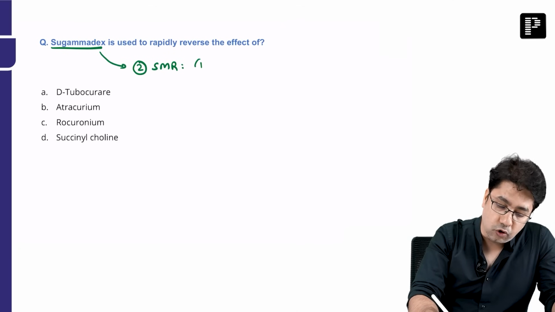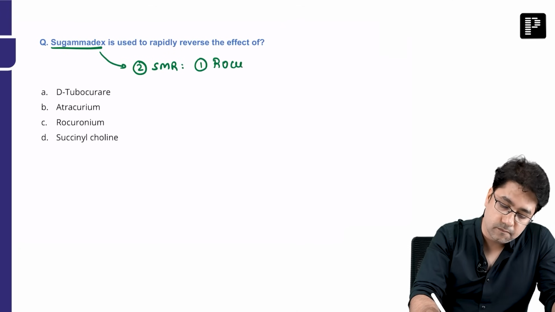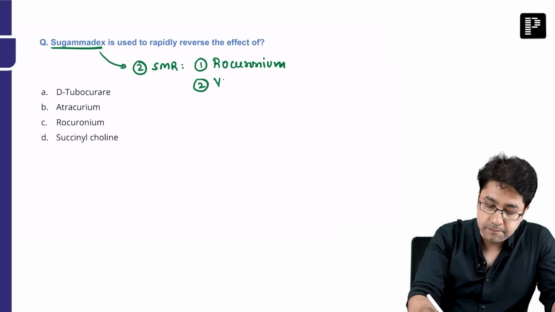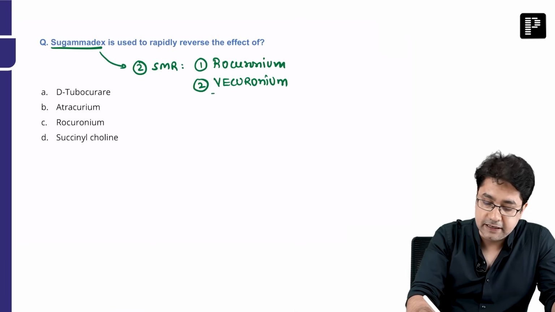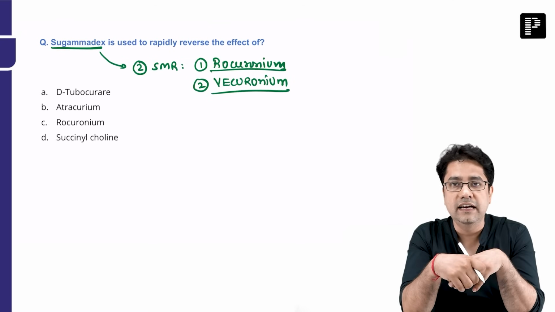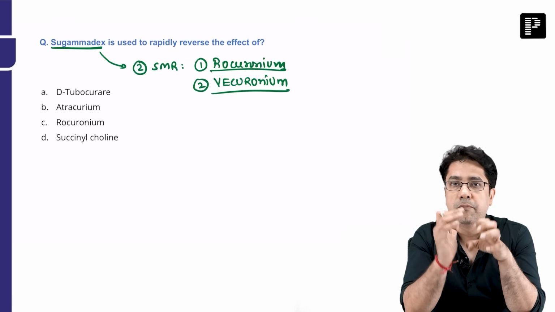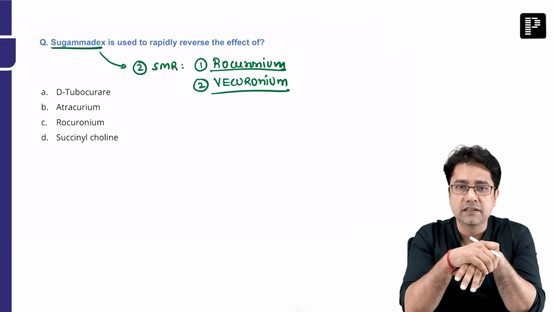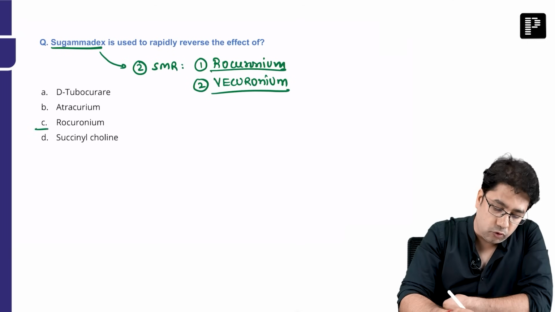The first is rocuronium and the second is vecuronium. Only for these 2 agents do we give Sugammadex. Sugammadex directly binds to these 2 skeletal muscle relaxants and blocks their effect. So the answer is rocuronium.